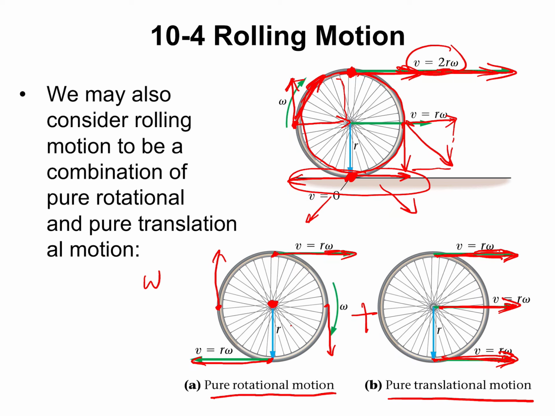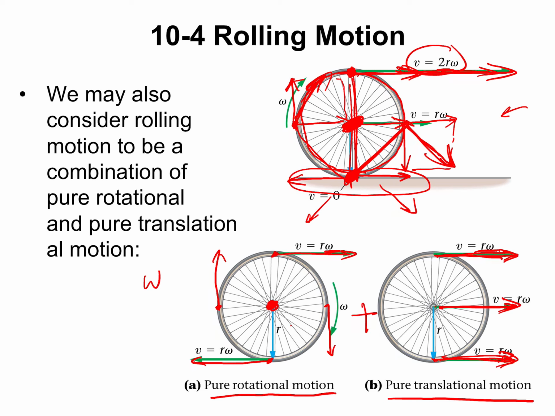You can also think of it this way. Consider that at this moment, this is your rotational axis, so this point has a tangential speed. How about the one in the middle, the axis? For rotational motion, its tangential speed is 0, and for linear motion, you have this.